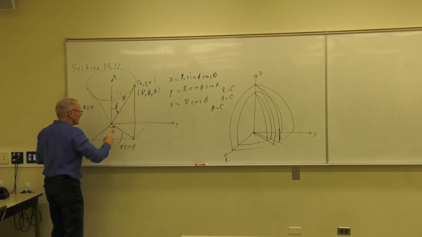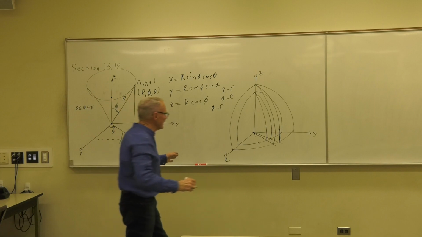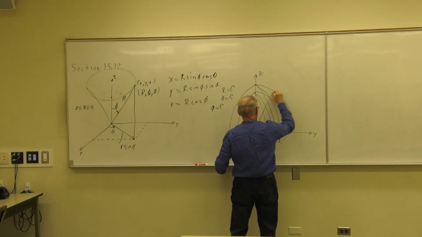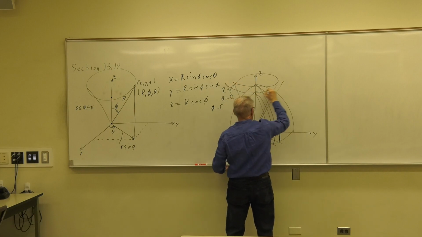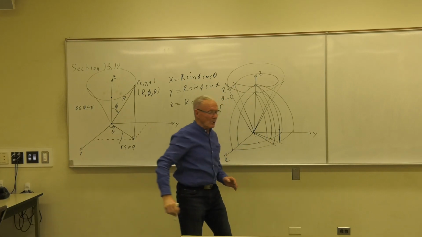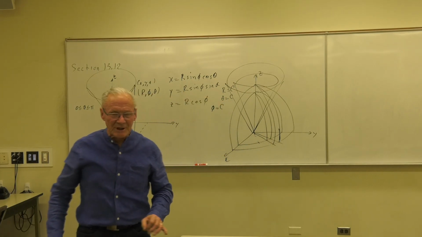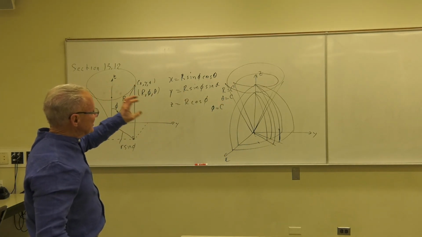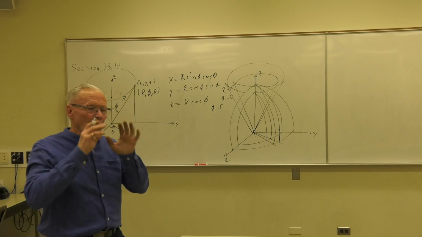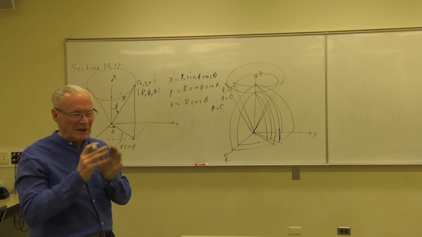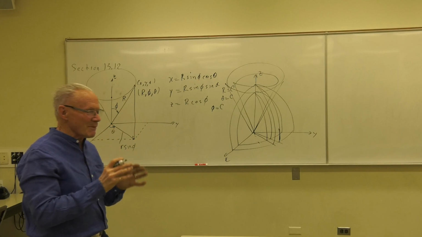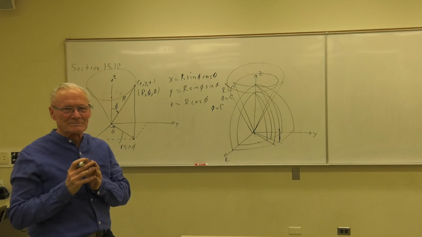So if I want to draw two of them, I'm going to be drawing two cones. Now what you have to envisage is those six surfaces would cut out a little piece of volume in space. And the question is, what does it look like?